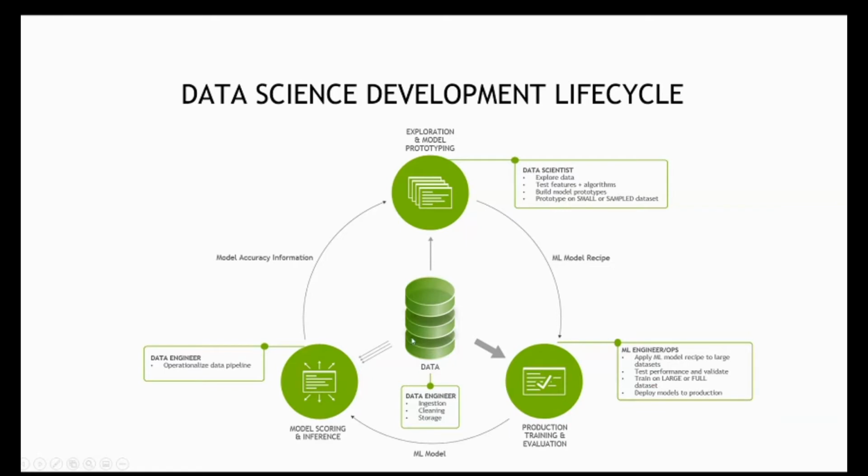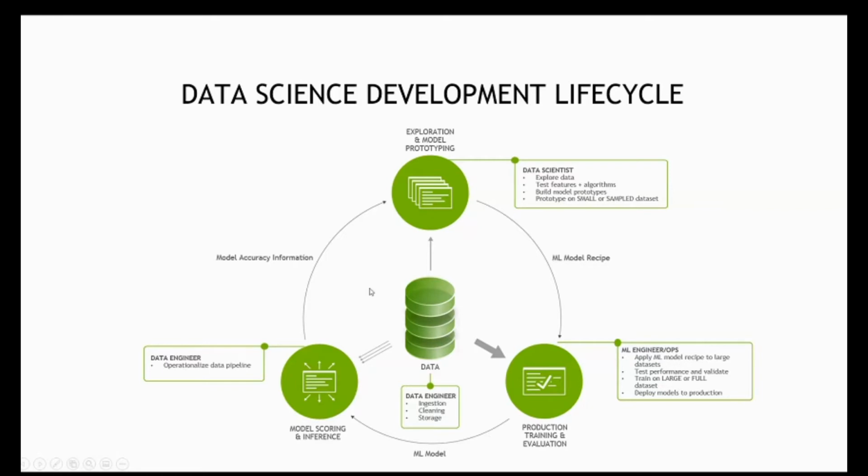And on the other side, where you need to do model scoring and inferencing, we have a library called FIL, and other compiler technology like TensorRT, that helps you take these models and optimize them at the hardware level so you get the maximum performance. And again, we'll talk in much more detail, and even during the hands-on tomorrow, about how you optimize this in production as well using TensorRT and Triton.